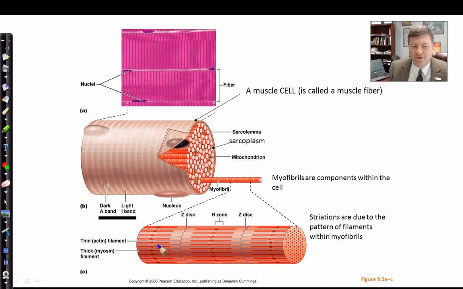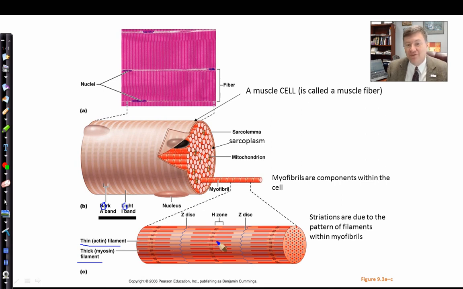Let me get rid of my drawings here. So when we look at this, we see the dark and light bands. And how do you remember this? The A band is the dark band, the I band is the light band. Why do you have those? It's because of the arrangement of two particular protein types. You have actin and myosin, and you'll see them better in just a second.